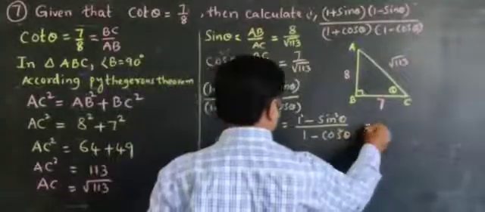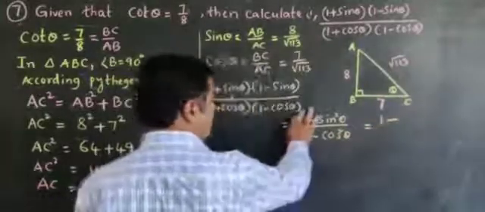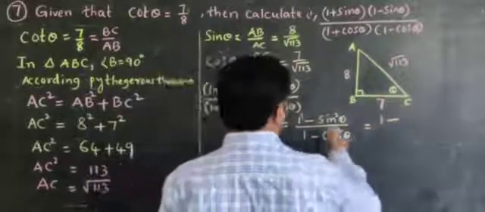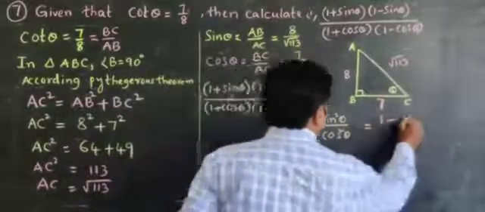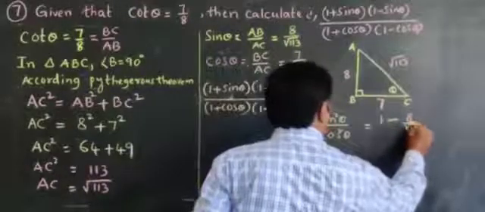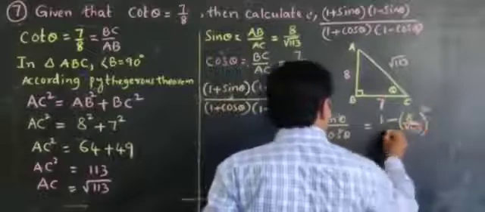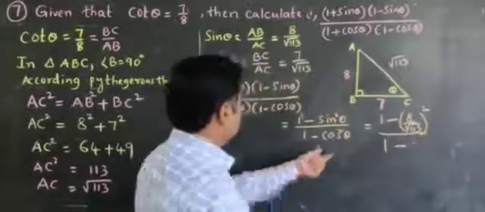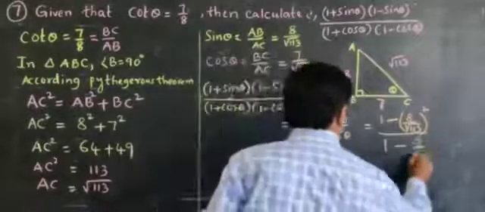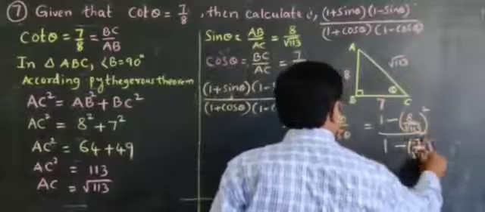Now you have to substitute the values. 1 square means 1 only. 1 minus sin square theta, what is the value of sin theta? 8 by under root of 113 whole square, by 1 minus cos theta value 7 by under root of 113 whole square.